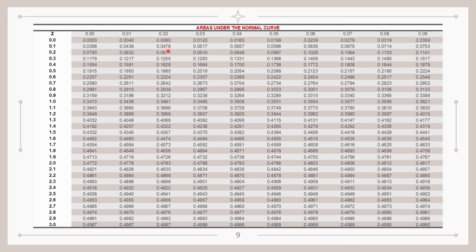This table in particular that we're using is the area from the center going to the z-score. So do take note of that, because in some cases you might use a different z table, and you might compute for a different area. Okay, but in essence they are all correlated, so they are just different iterations of the same values.